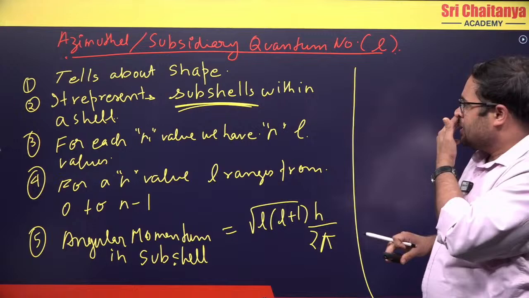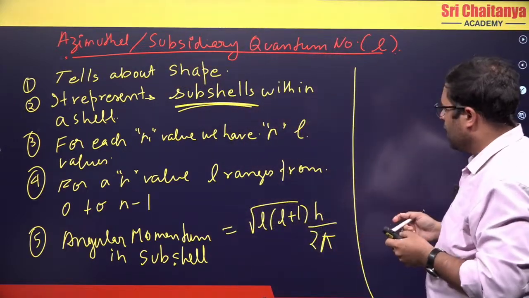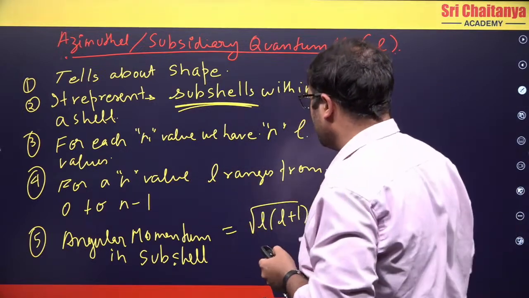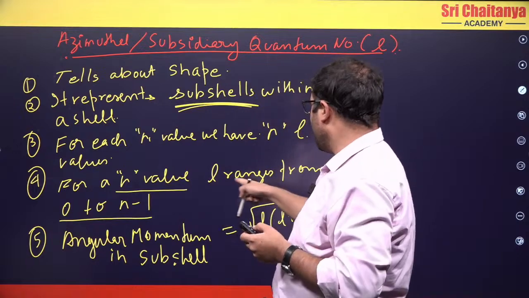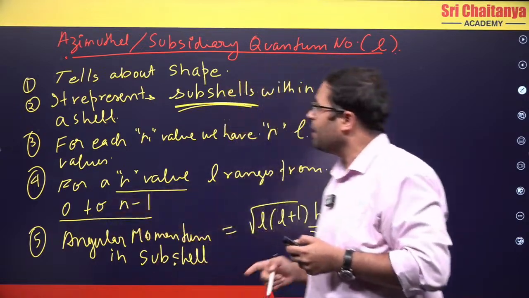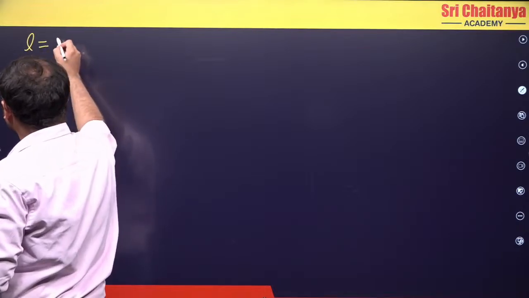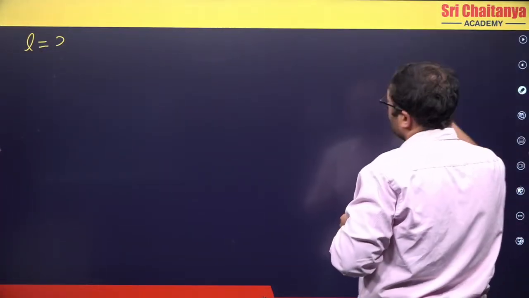This is all about shape. How does it tell you shape? Let us take an example. Focus on this point. For n value, L ranges from 0 to n minus 1.